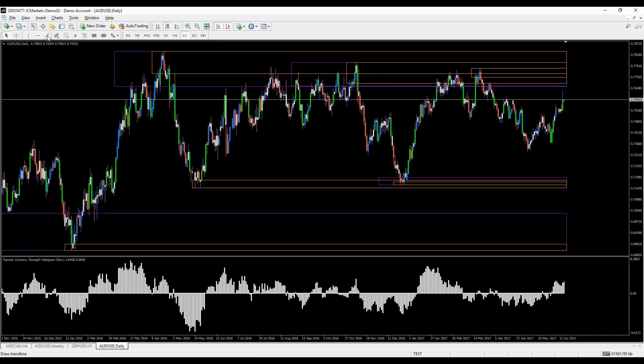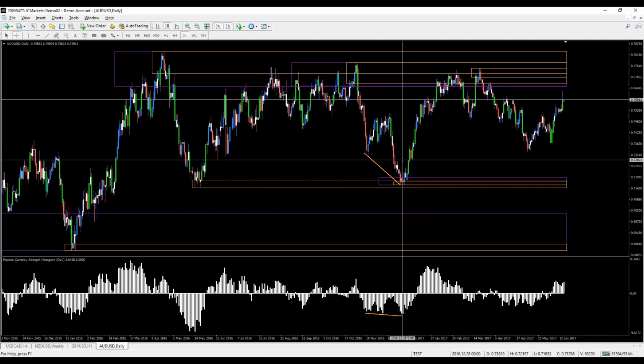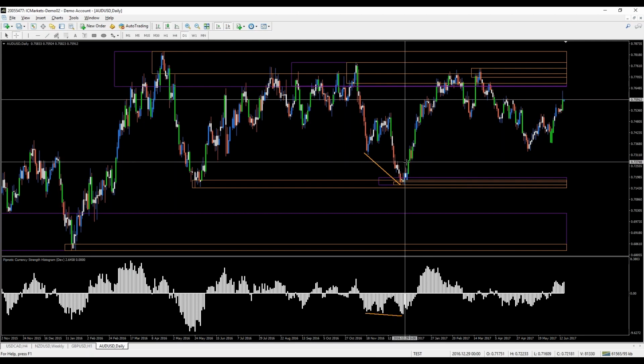Also notice that this really strong move lower that we can see in price is not supported in the histogram. It's much less aggressive. When price comes down here, we see the histogram really quickly beginning to retreat already, which means that it's time to get out of the trade or consider buying. And you can see this very clearly using these tools.